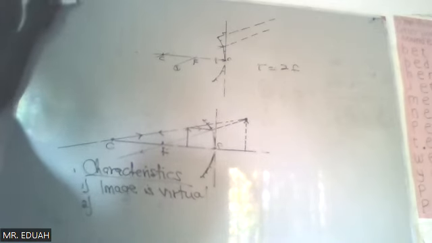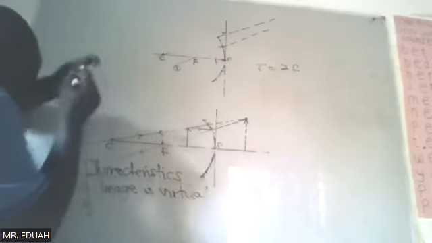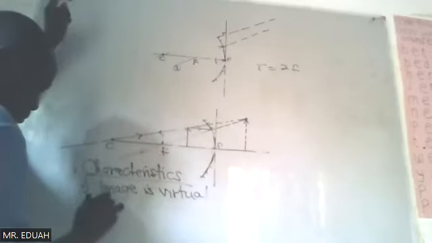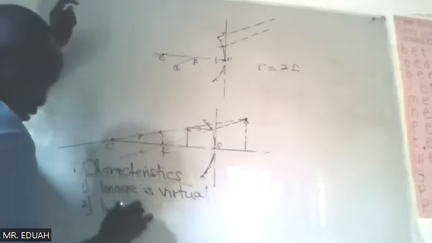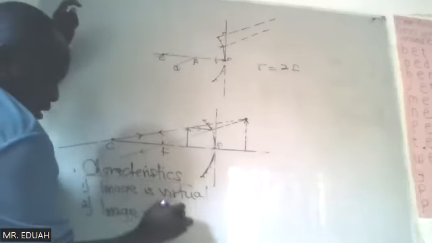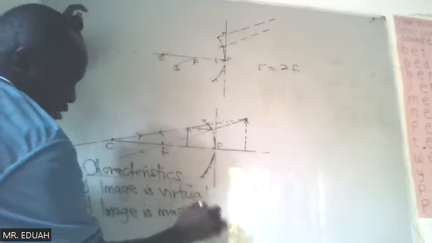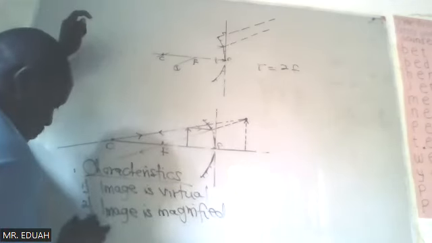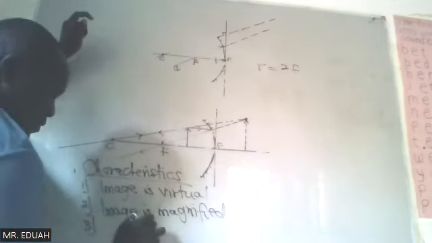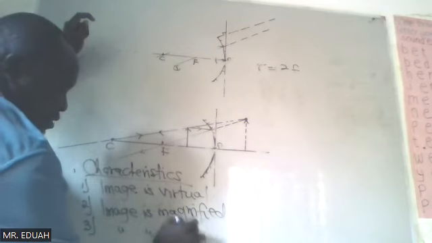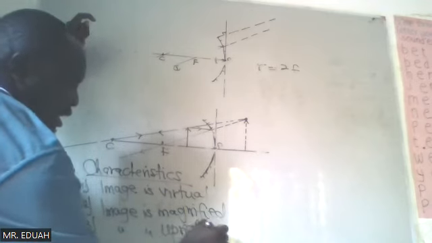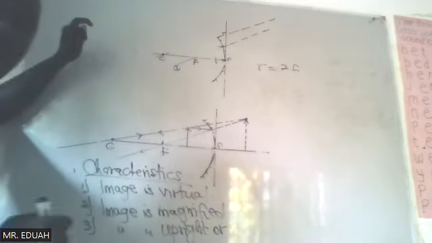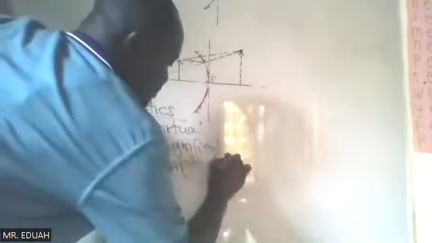We have the image is magnified. Image is upright. All right. Two, it's magnified. Three, it is upright, or erect.